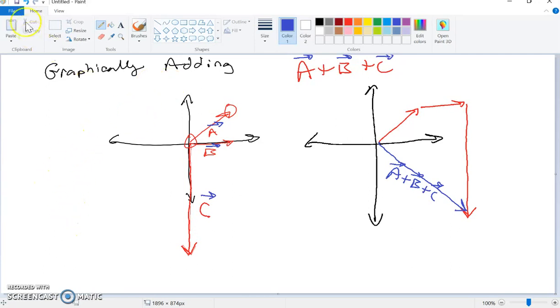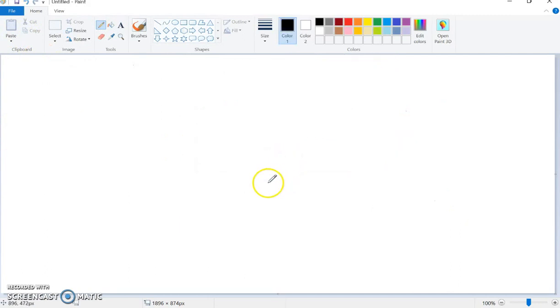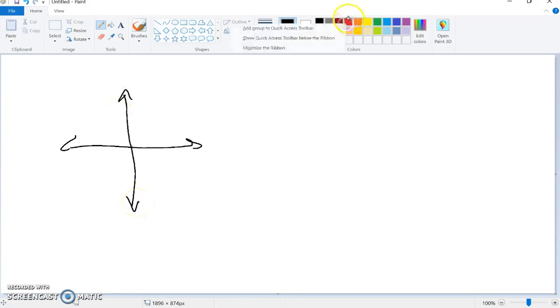Let's move on. Okay, what if we wanted to find the components of A, the vector components? So if we go back to our coordinate system, there's X and Y, and let's put A back on here.